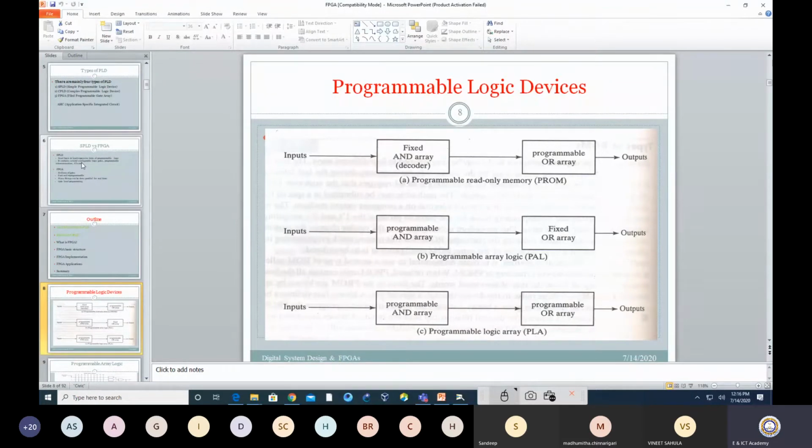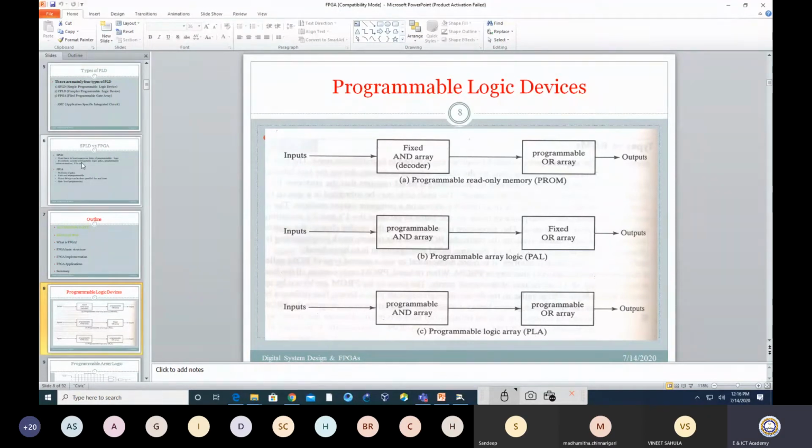If I have a fixed AND array and a programmable OR array, then I consider that a PROM kind of PLD, where the array of AND gates is fixed and the OR gate is programmable. I will let you know what I mean by programmability.